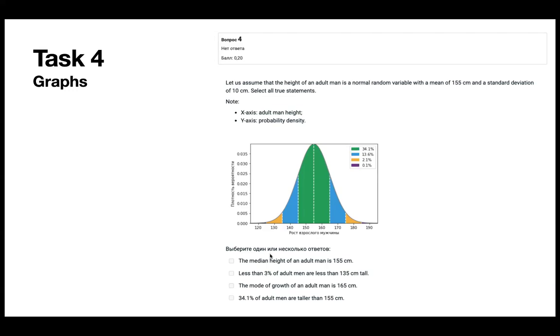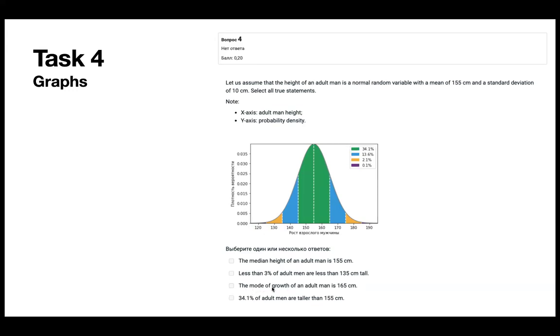So yes, less than 3% of adult men are less than 135 centimeters tall. That would be something like 1.1%.